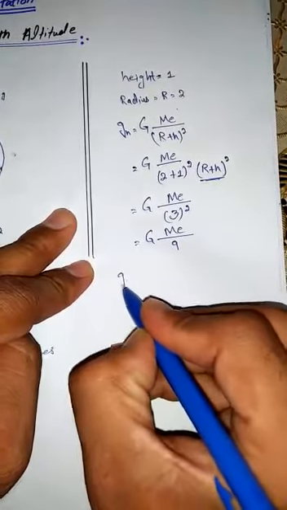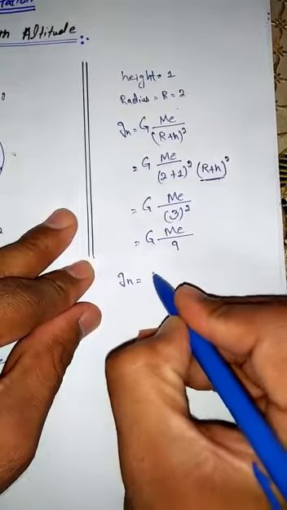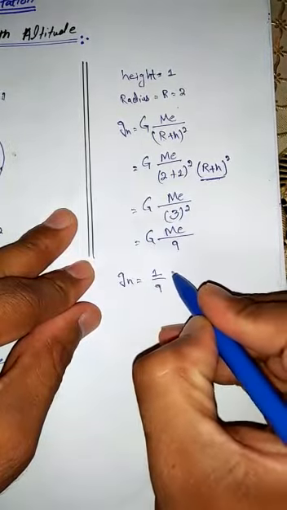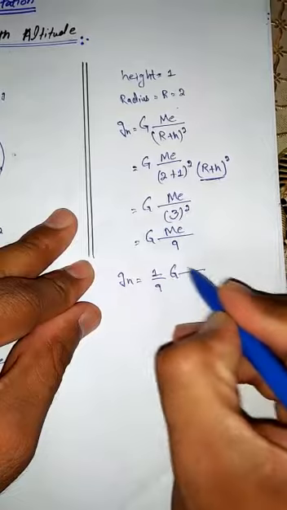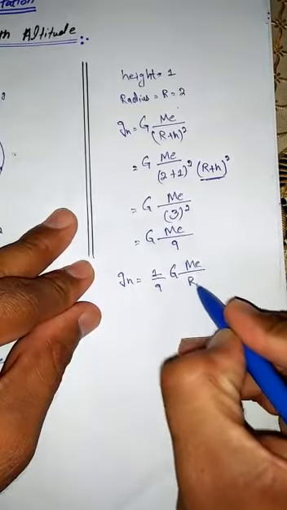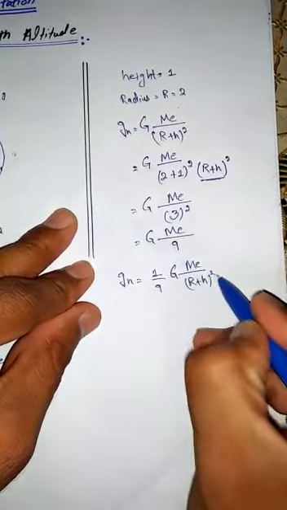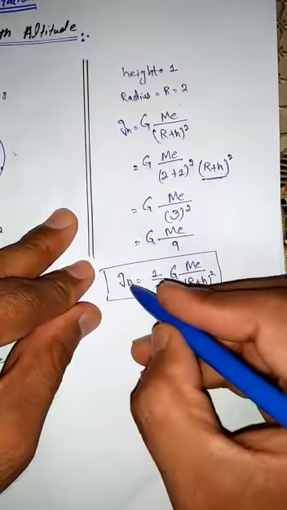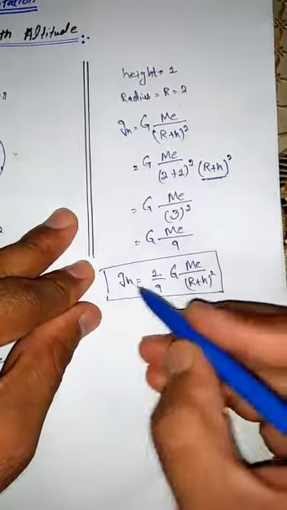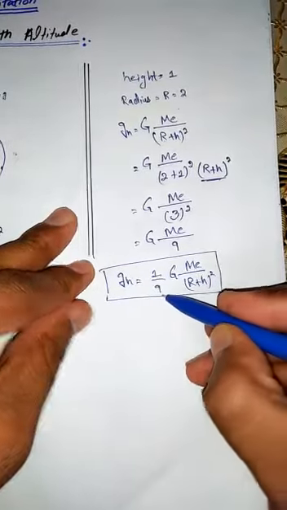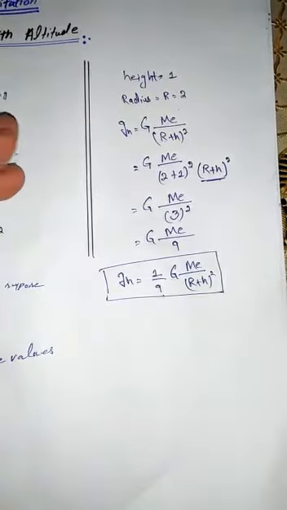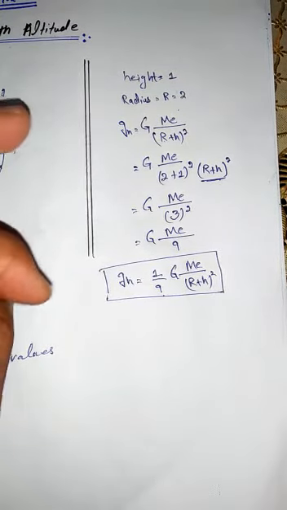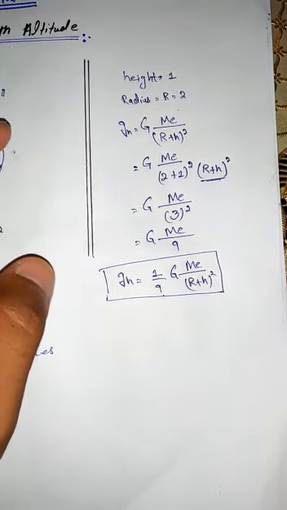Here we can write g h is equal to 1 over 9 of Me over r plus h whole square, and that is the formula completion. This is how we get the value of 1/9th and how we get 1/4th. That is our topic.